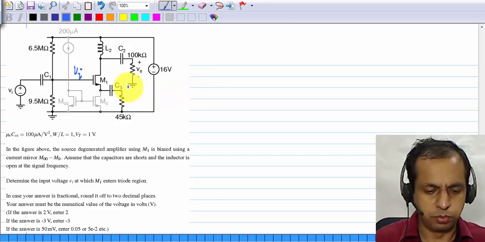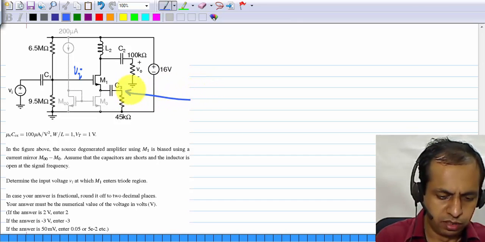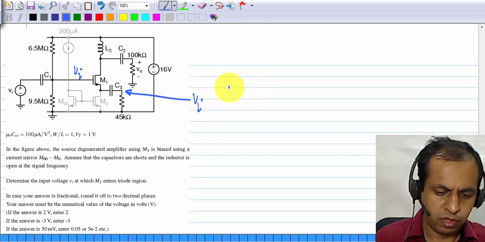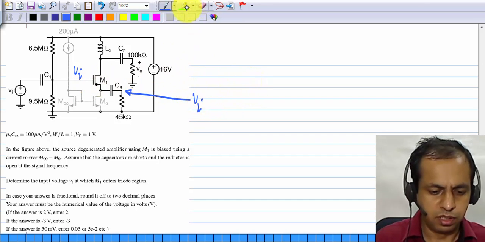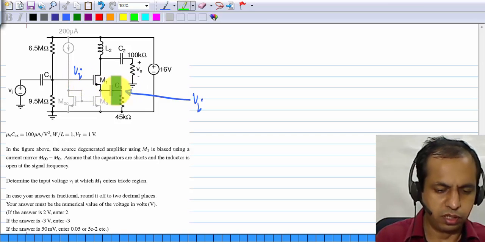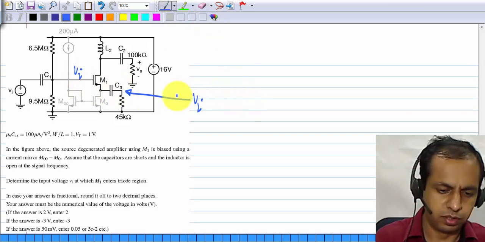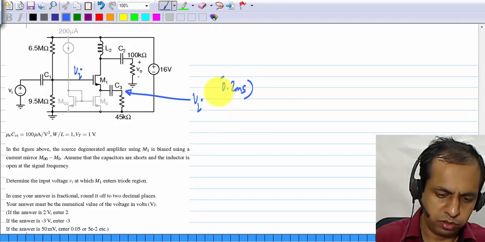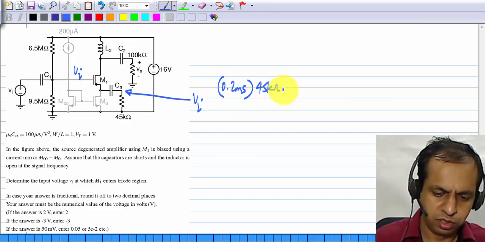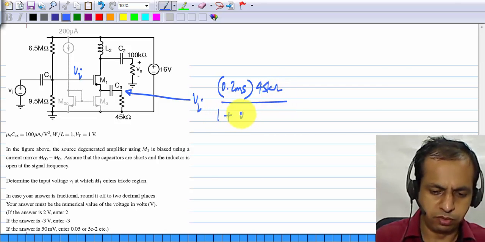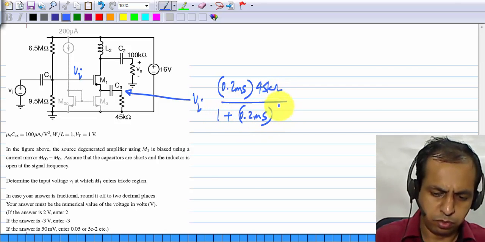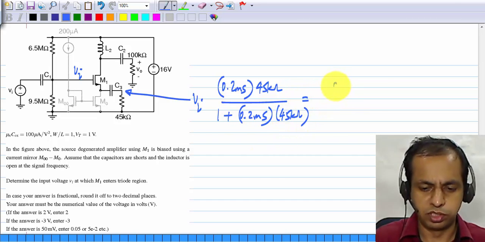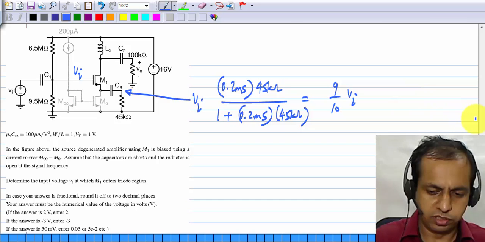Now I won't draw the small signal picture, but I'll do it directly. The voltage here is Vi times, in fact from this point to here it is like a source follower, so Vi times GMRL, which is 0.2 millisiemens times 45 kilo ohms divided by 1 plus 0.2 millisiemens times 45 kilo ohms, which is basically 9/10 of Vi.